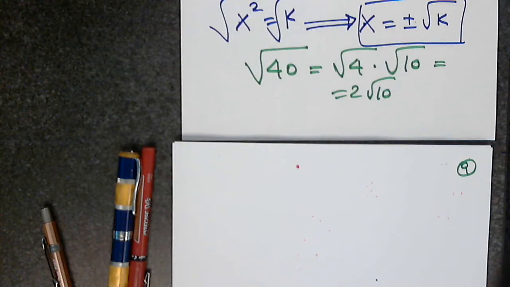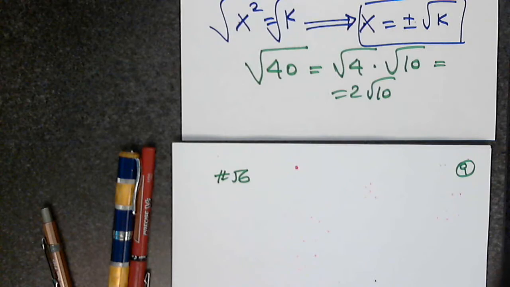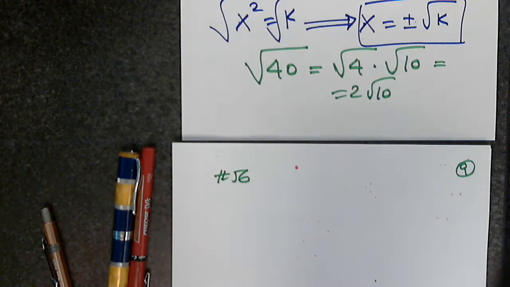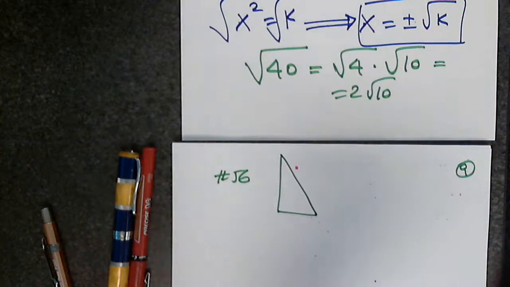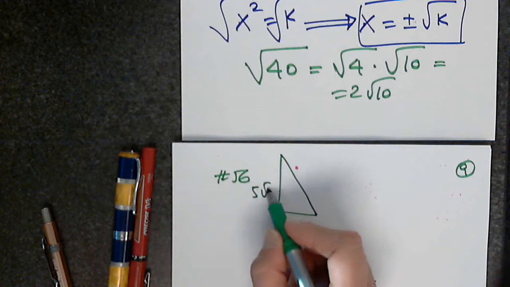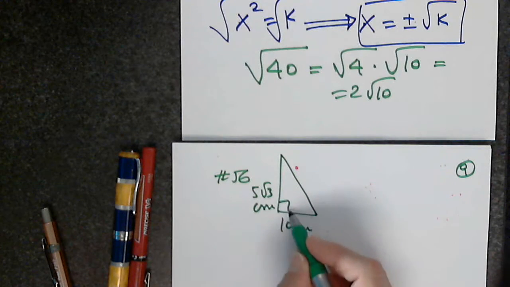Moving on, let's take a look at 56. Say it again, please. Thank you. So one is 5 the square root of 3 centimeters, and the other one is 10 centimeters.